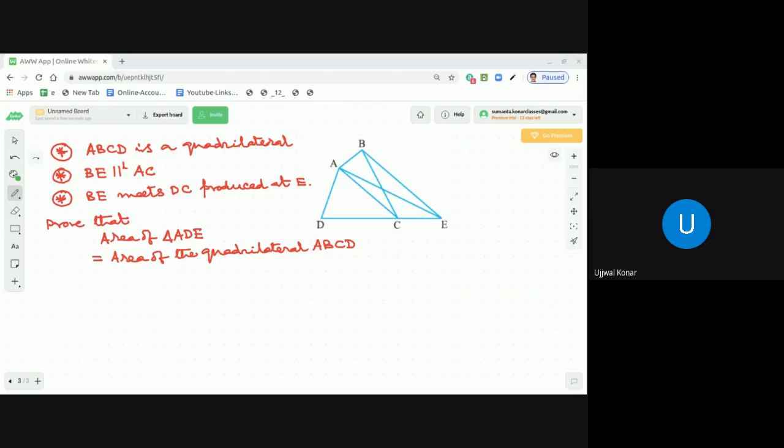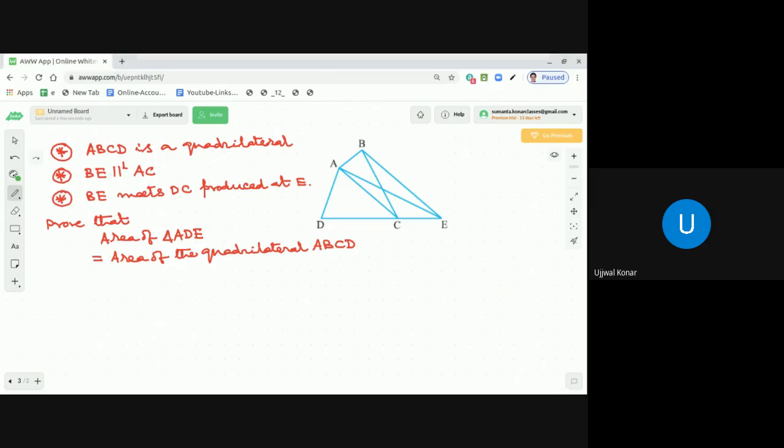If you look into the figure very carefully, dear students, you will find two triangles: BAC and EAC. Now BAC and EAC lie on the same base AC, and between the same parallels AC and BE.